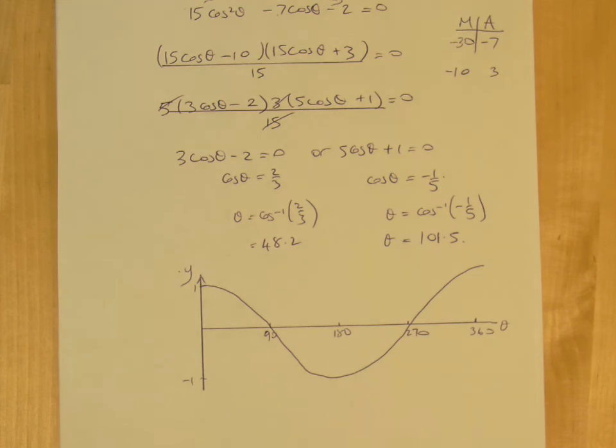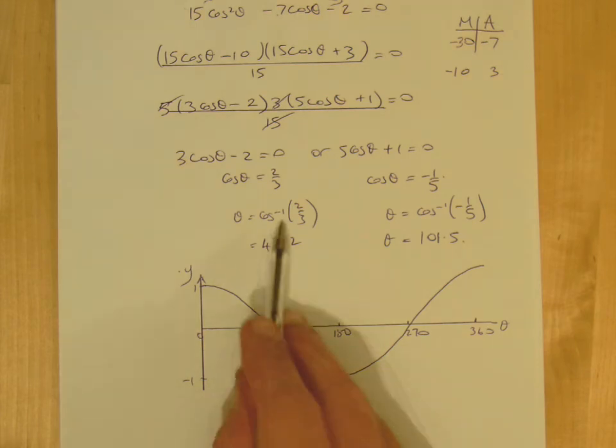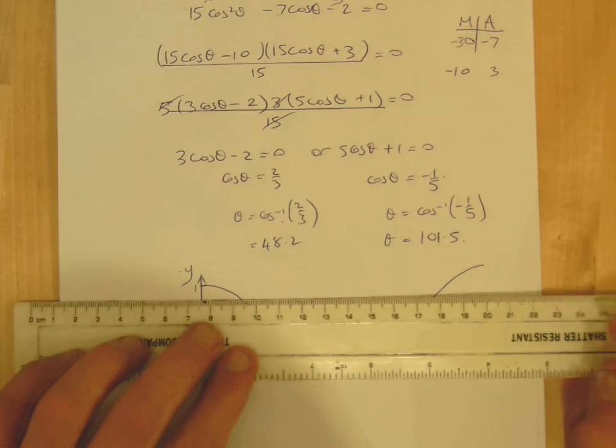Remember if you don't know how to draw your cos graph, just put in the values: cos 0 is 1, cos 90 comes out as 0, cos 180 comes out as minus 1, and you get the points and draw the curve. So the first one then, 2/3. 2/3 is about here.